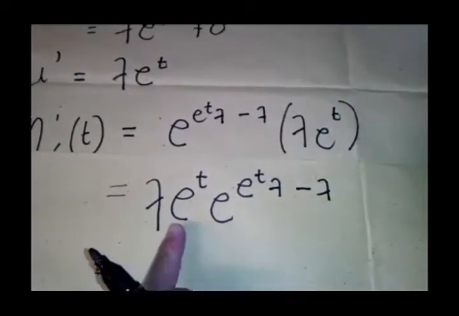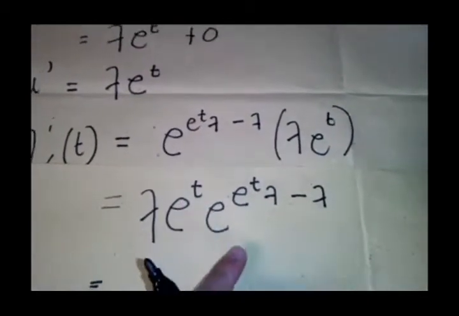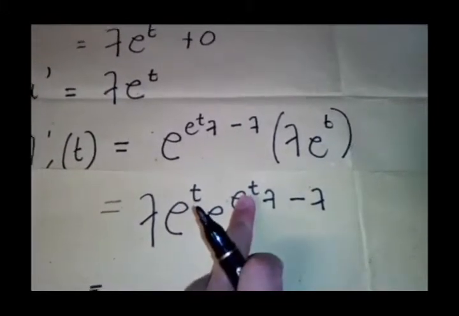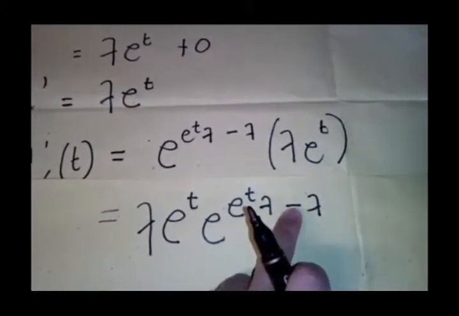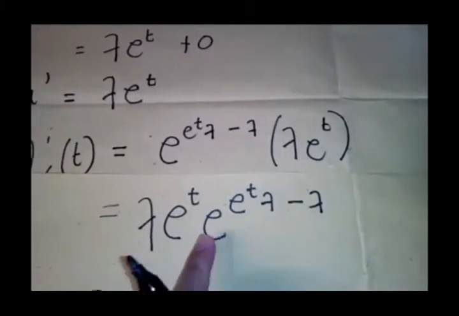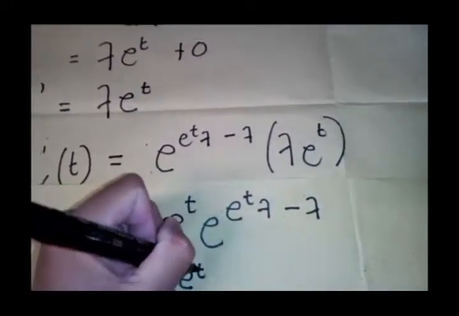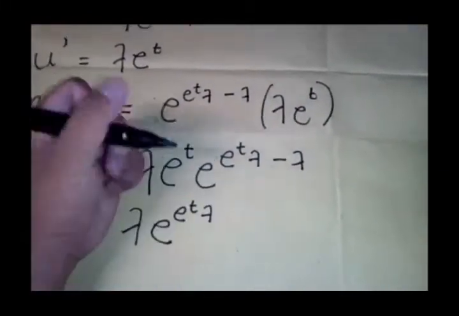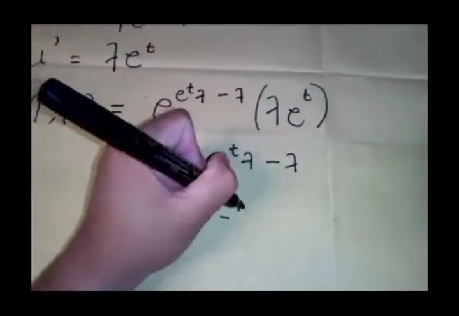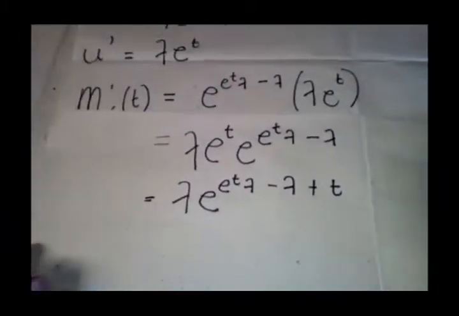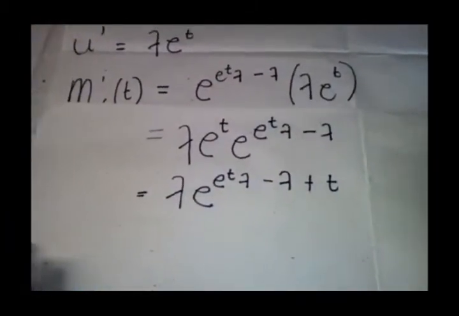Note that e^t and e raised to the power of e^t times lambda minus lambda have the same base. So in this case, we only need to add the exponents. So we have lambda and just copy its base: e raised to the power of e^t times lambda minus lambda plus t. So now we have our first derivative of the moment generating function.